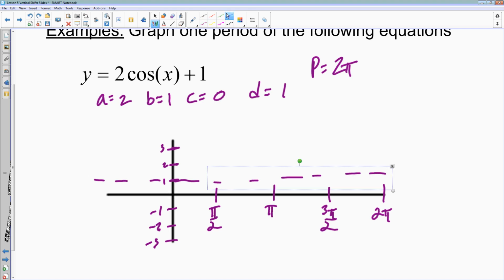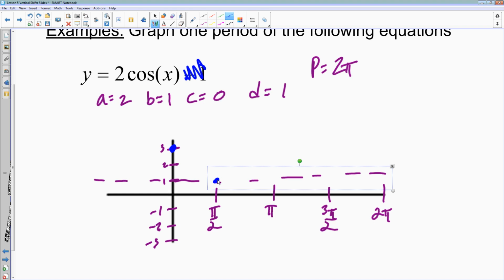This is my cosine graph. Normally, cosine starts at 0, 1, right? But we've also shifted up 1, and our a value is 2. So if we hadn't shifted up 1, and our a value was 2, we would start at 0, 2. But let's shift that up 1 more unit to 3. Okay, then we normally go down to our x-axis, but this time our x-axis has shifted up 1, so it'll be right there.